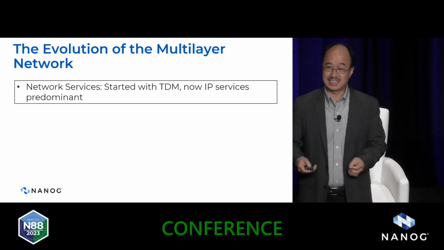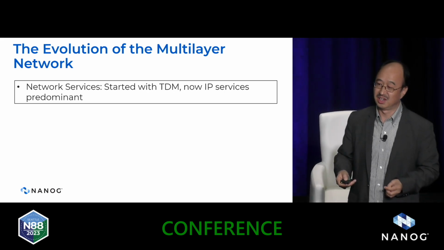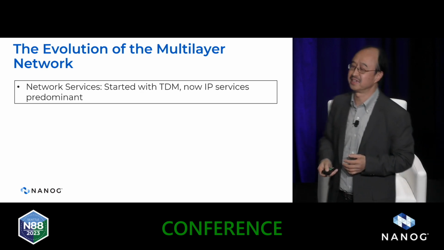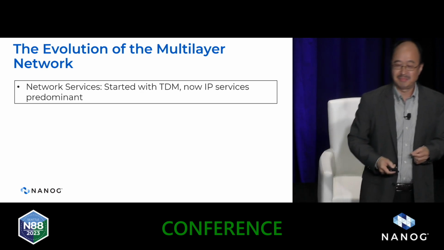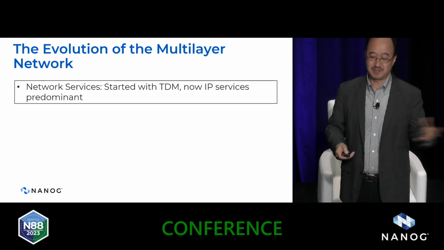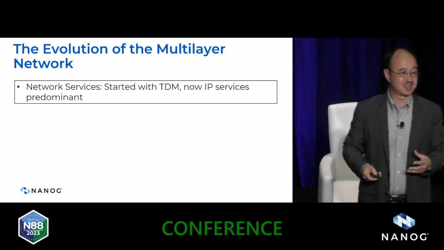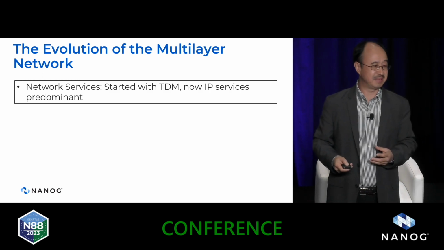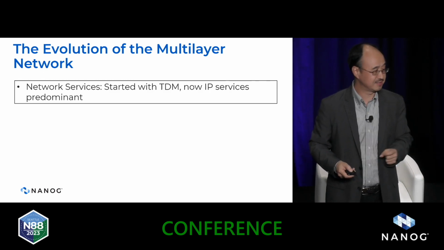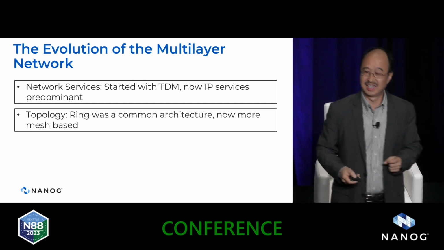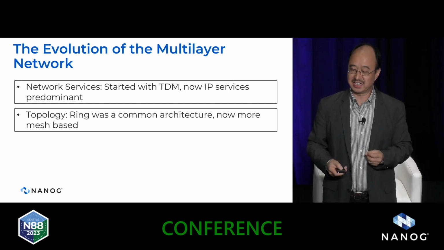Before we get started, let's have a quick review of the evolution of the multi-layer IP optical network. Start with the network services. Decades ago, most of the services were TDM based. Now it's predominantly IP services. In topology, ring was a common architecture.